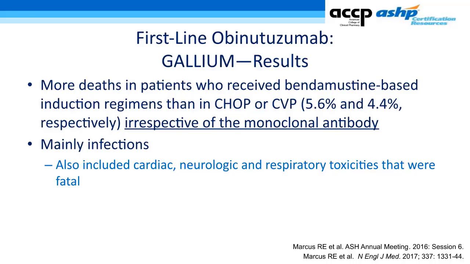We couldn't say for sure what the cause of that increased mortality was. It was mostly infections, but other major toxicities included cardiac, neurologic, and respiratory. So again, it's difficult to interpret this, but it should certainly be considered with caution.